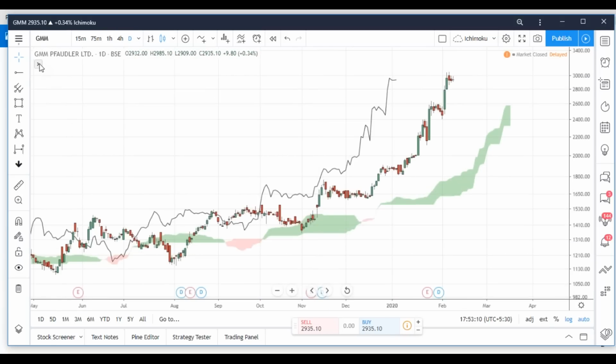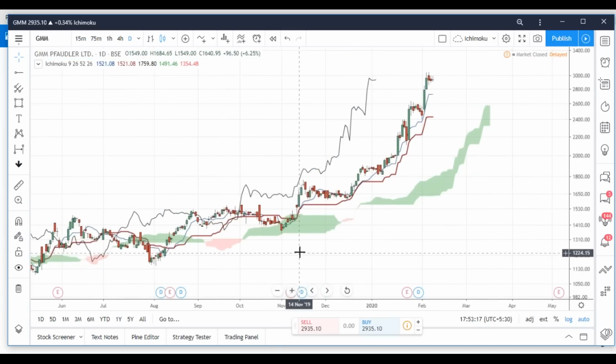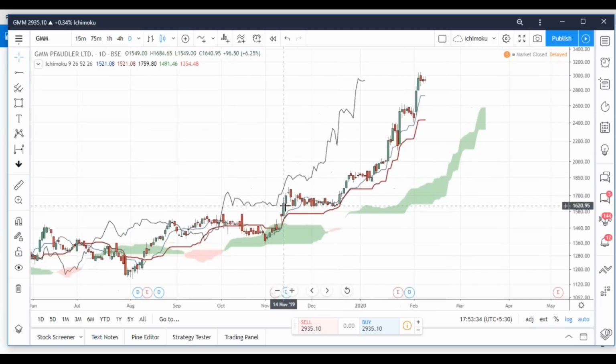Guys, you tell me what are the strategy and signals. GMM, Kijun pullback, long here, and see, second, Kijun long here. Perfect.